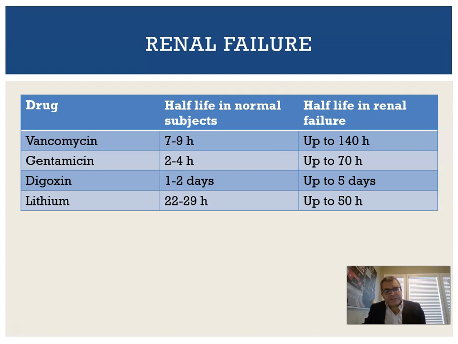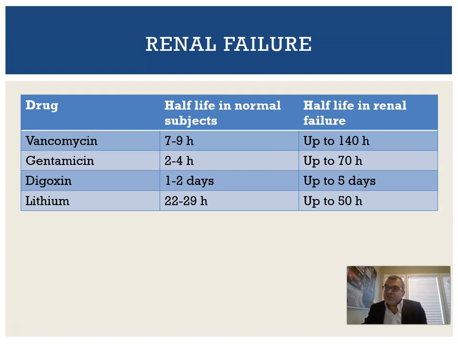These are the half-lives in patients with normal kidney function, and these are the half-lives in patients with renal failure. For vancomycin, for example, the half-life is 7 to 9 hours, but in patients with renal failure, the half-life could go up to 140 hours. Gentamicin goes from 2 to 4 hours up to 70 hours. So this makes the use of TDM useful in those situations, right? Because it's unpredictable. We don't know what the half-life would be, so you need to do therapeutic drug monitoring.